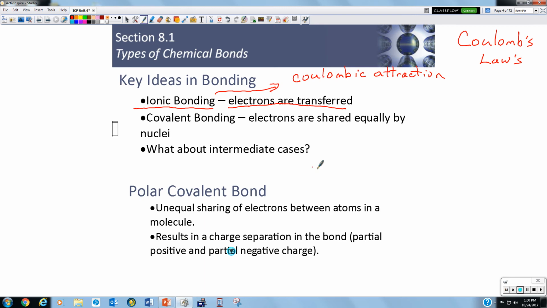I think it's kind of cheap because they're just trying to put a bigger word in there to confuse you. All this has to do with is the attraction between opposite charges.